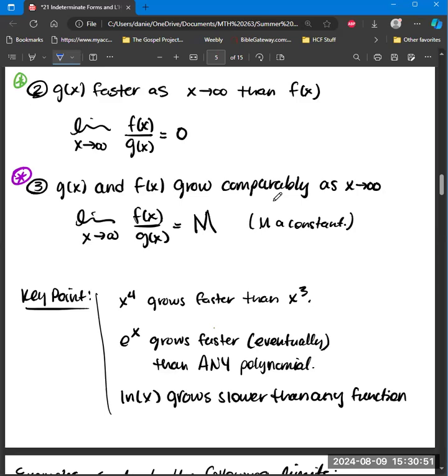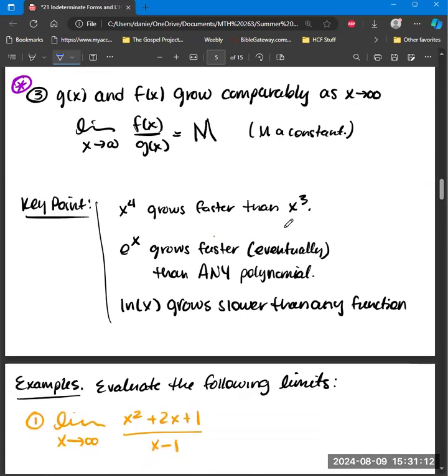Some infinities grow faster than others. So if g of x and f of x grow comparably as x goes to infinity, like if we had the same degree top and bottom, then we're going to go to some constant m that will be our limit.